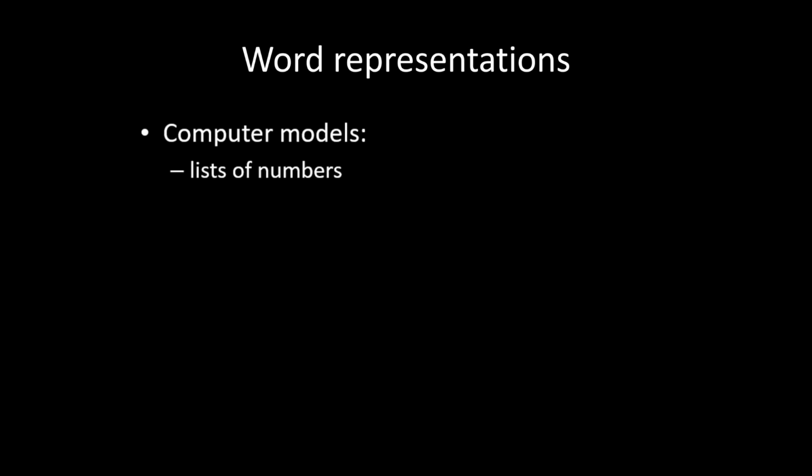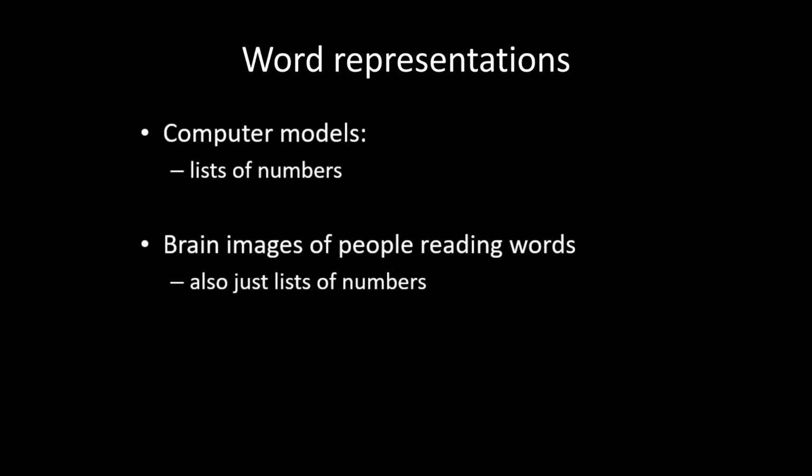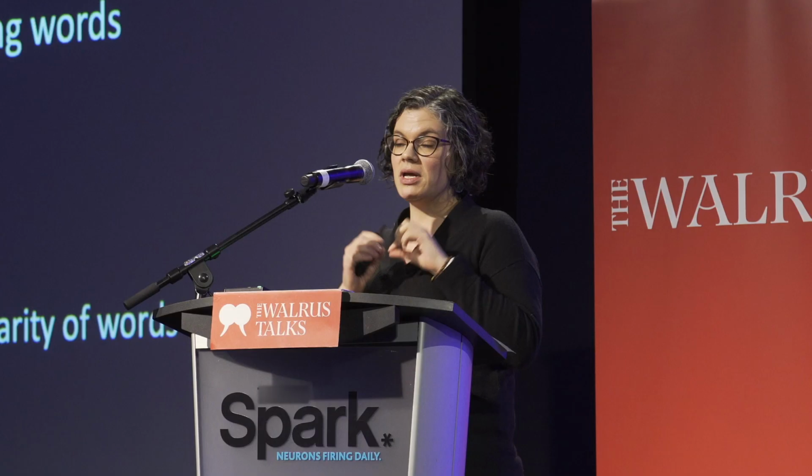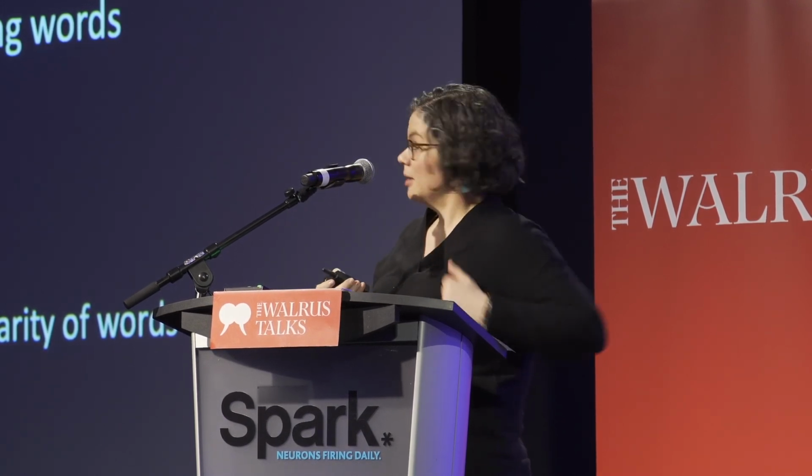The way we're going to do this, remember our computer models are just lists of numbers. It turns out that brain images are also just lists of numbers. For a particular area, the list of numbers represents how much activity there is in that area. So in both cases, we just have lists of numbers, and we can tell how similar the lists are, and use that to compare the two sources of information.